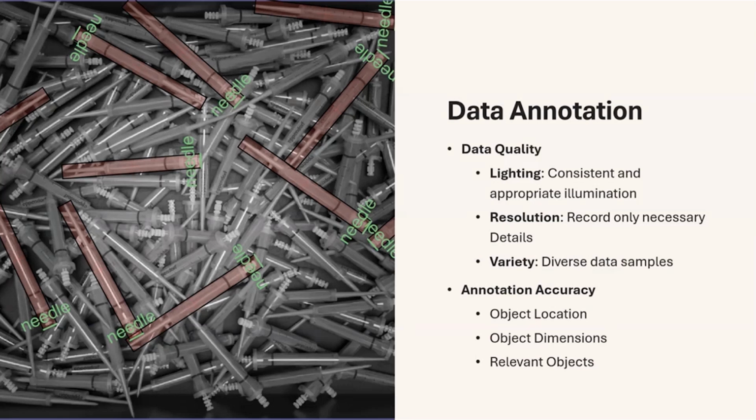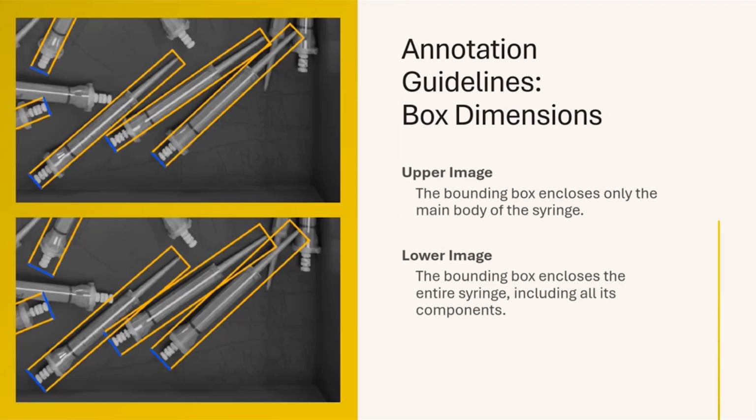Other things you need to mind is how you do the annotation. The object location is obviously very important, but also object dimensions, for example. I have an example here, also of the syringes, where the customer has annotated these images. Some of these syringes have been annotated with boxes that just encase the main body of the syringe. Other ones include every part that is visible.